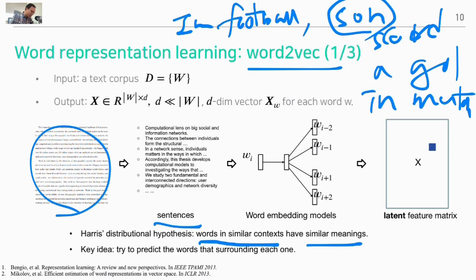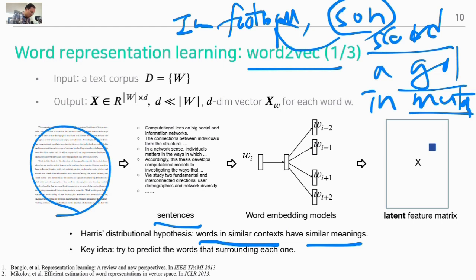We see Son in this context. Son is deeply related to football, right? Scored, goal, match, they are all related. This is the important hypothesis when we make a sentence or a speech, right? They are all related.